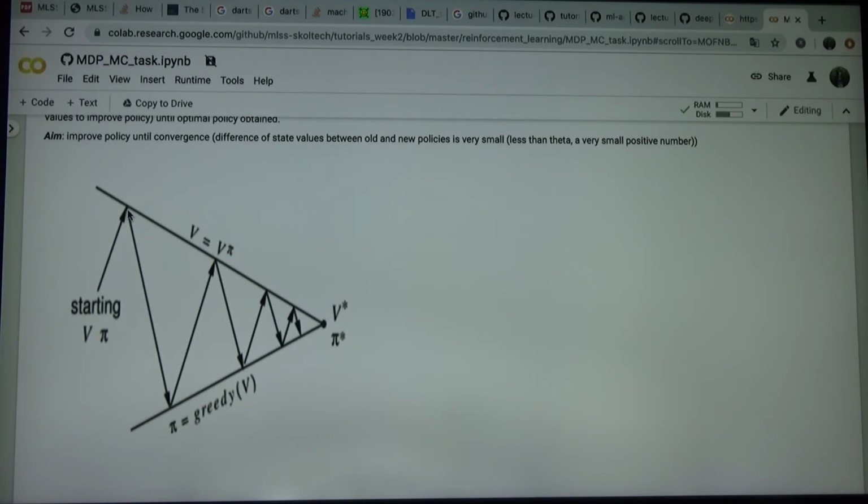But yeah, getting back to policy iteration, we want to improve our policy. How are we going to improve it? We are going to take the greedy policy from our Q function or from our V function, doesn't matter, right? And we are going to receive with that another policy which will be different from our initial policy.